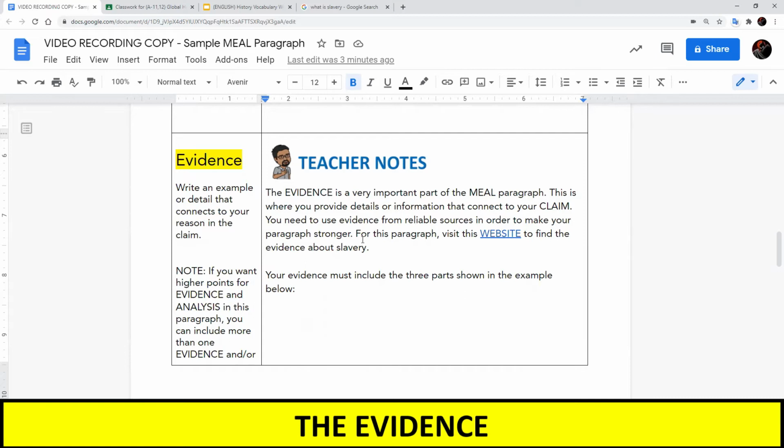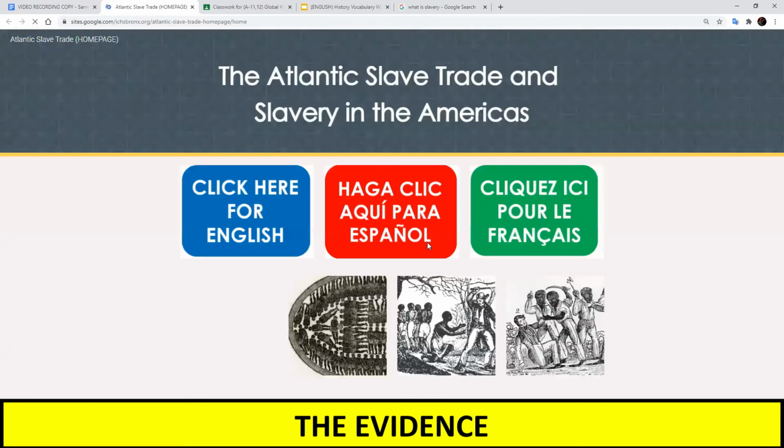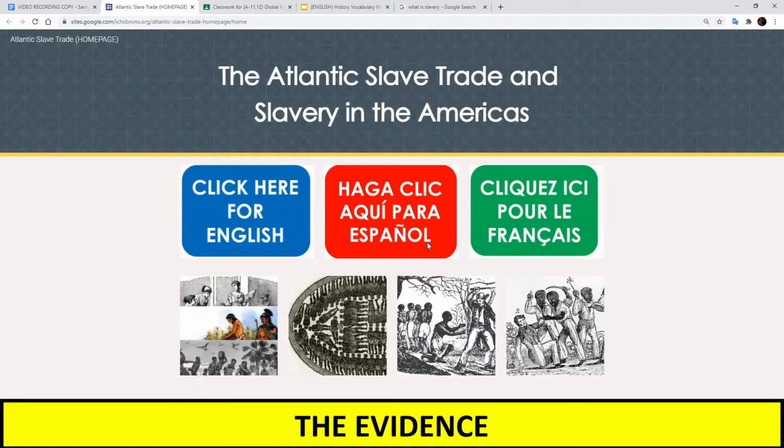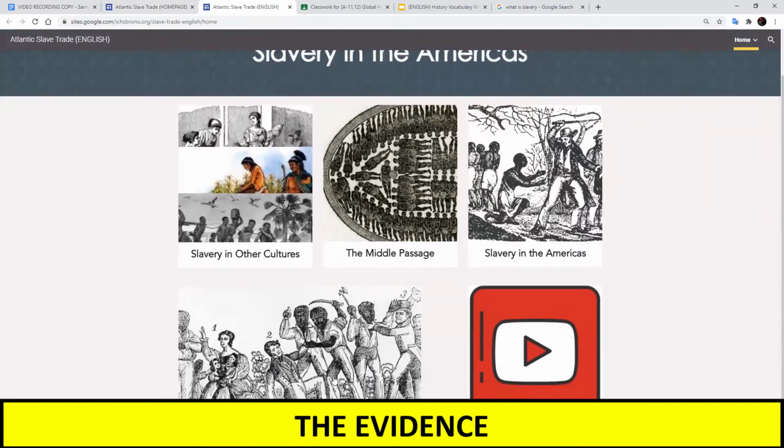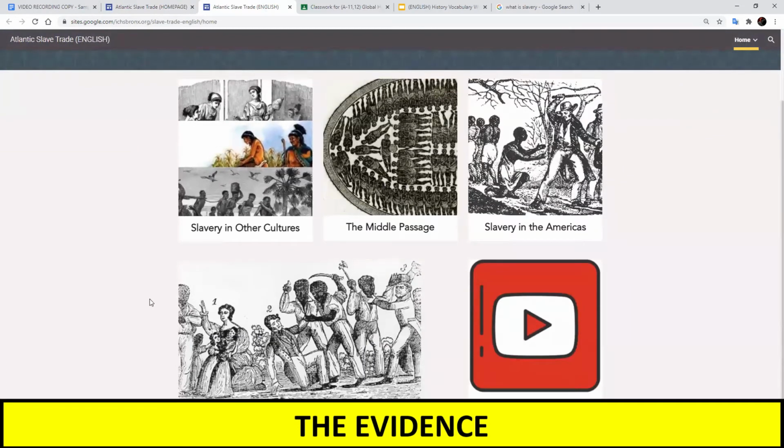Now, a lot of the evidence that you're going to find can be found on the website. So if you click here, it'll take you to the website. I believe it should all be familiar to you because we've been using this website for the last couple of weeks, and it has lots of different topics and lots of different information available for you to use in the writing of this meal paragraph.